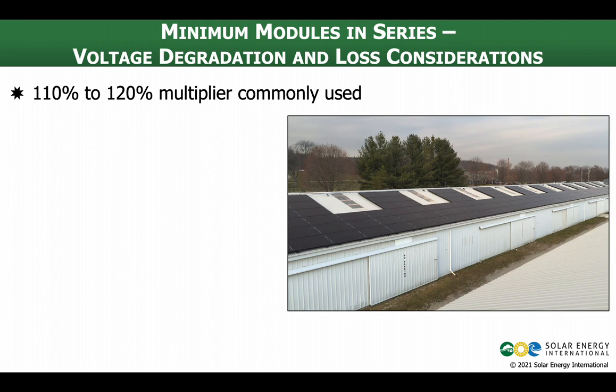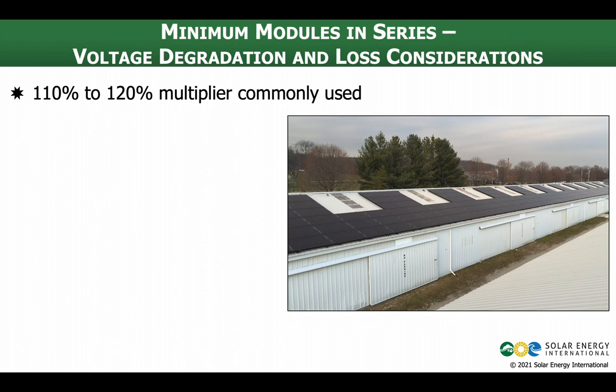So if it's a minimum of 400 volts, I'm going to shoot for 440 or 480, 110 or 120% of that, in order to account for the fact that 10 or 12 years down the road, we're going to have less voltage from my module. I've already got a percent of voltage drop in the conductors running back to the inverter anyway. So this gives us that buffer so that over time we don't get down to 100%.